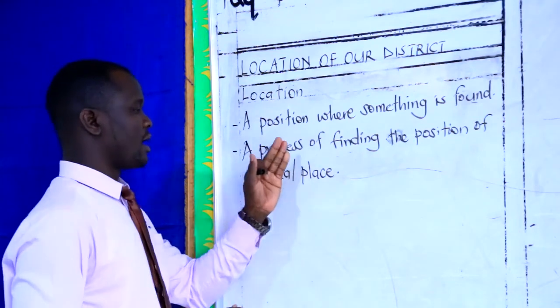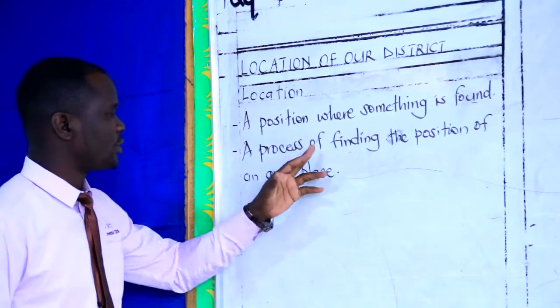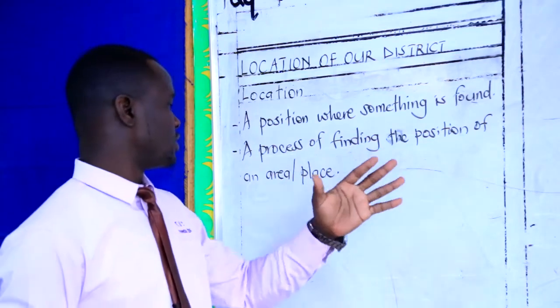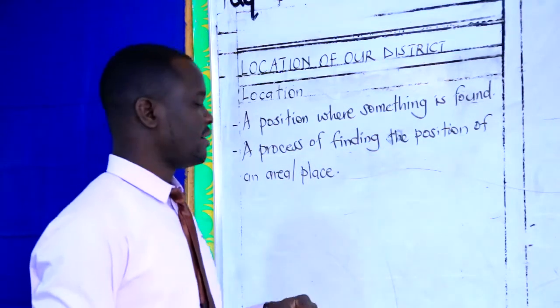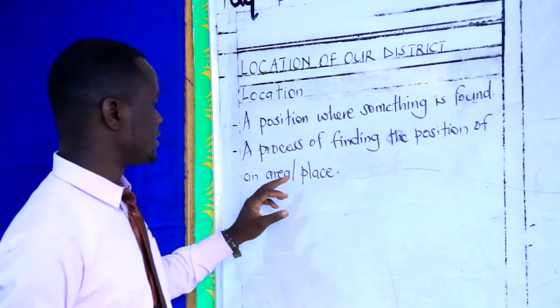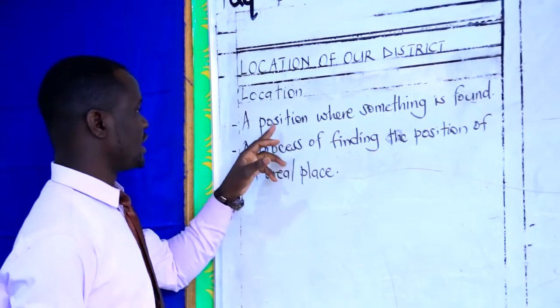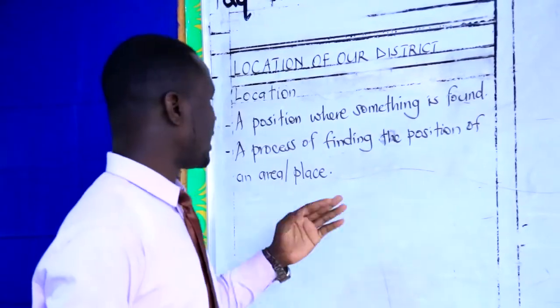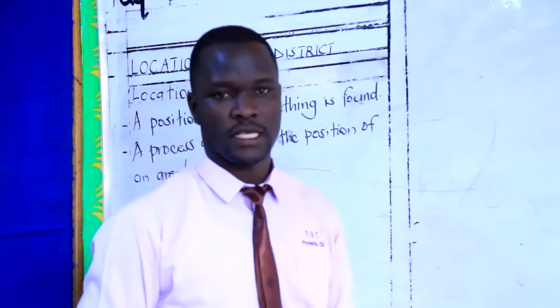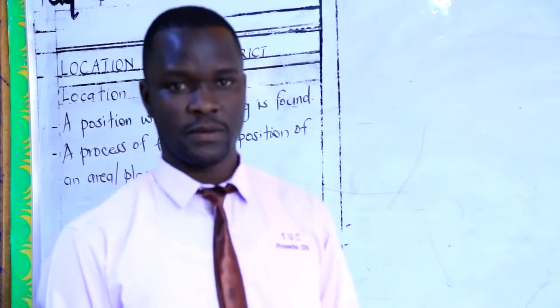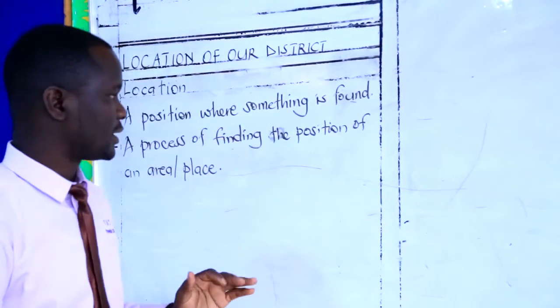You can say location refers to a process of finding the position of an area or a place. That is the second definition, to the first one that we termed as where someone or something is found. That is the meaning of location.